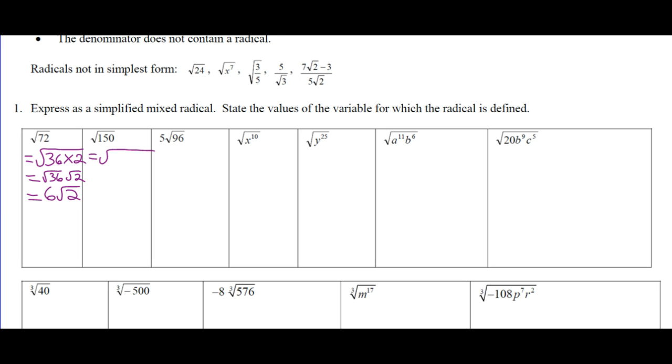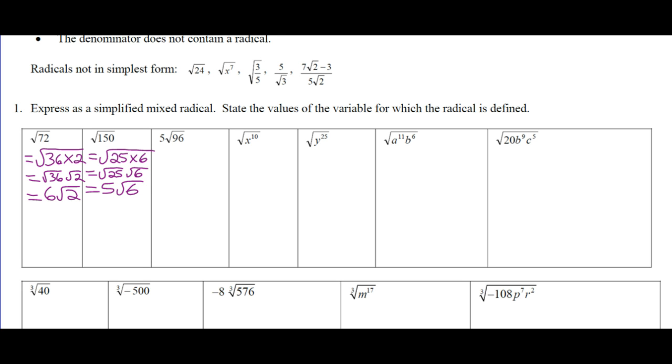Now remember your perfect squares: 1, 4, 9, 16, 25, 36, 49, etc. The largest perfect square that goes into 150 is 25, and 25 goes into 150 6 times. So we write root 25 times 6. Then we write that as the product of the radicals, and we take the square root and get 5 root 6.